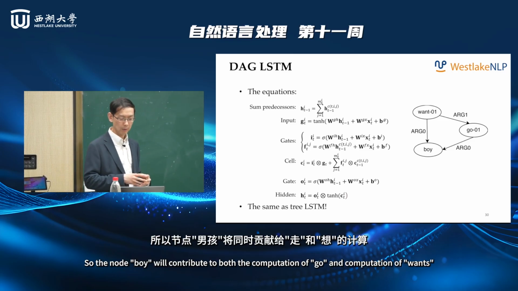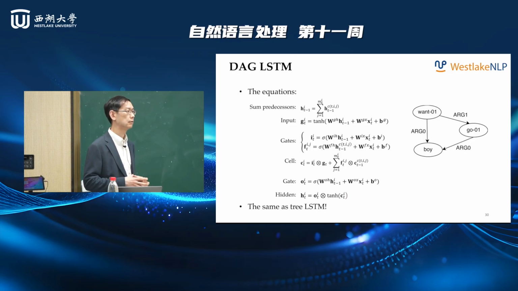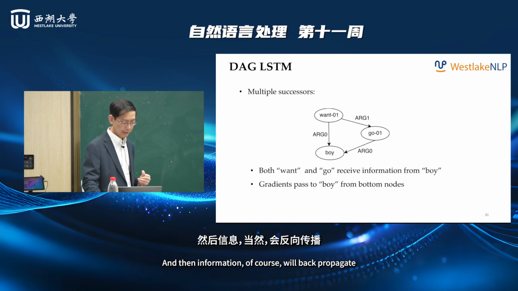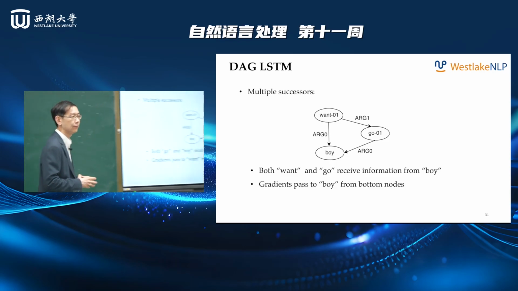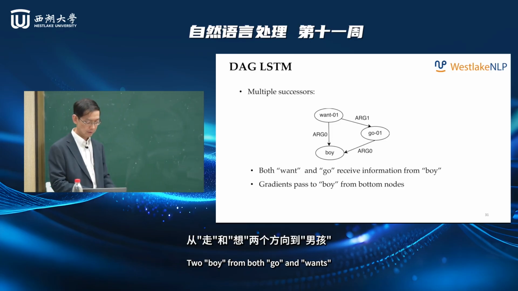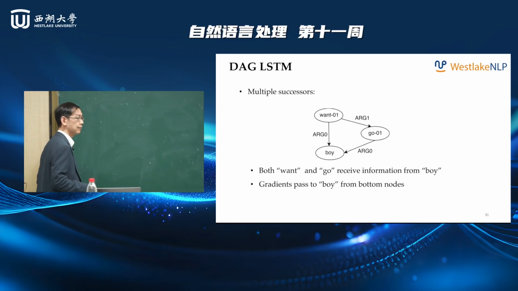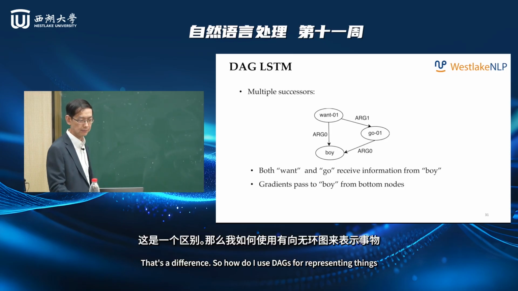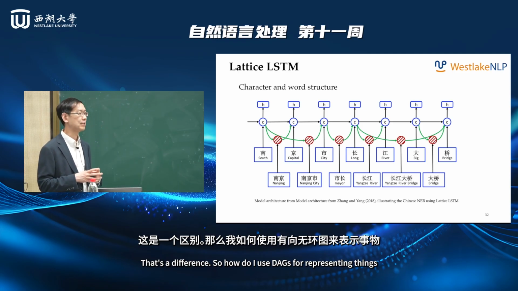So the node boy will contribute to both the computation of go and the computation of want. All right. And then information, of course, will backpropagate to boy from both go and want. That's the difference.